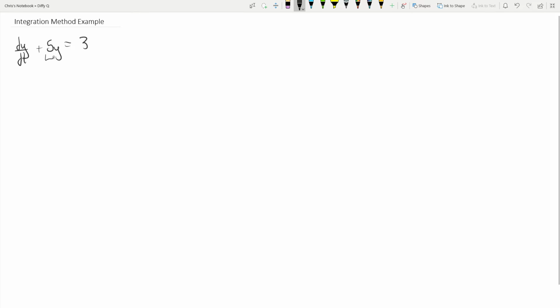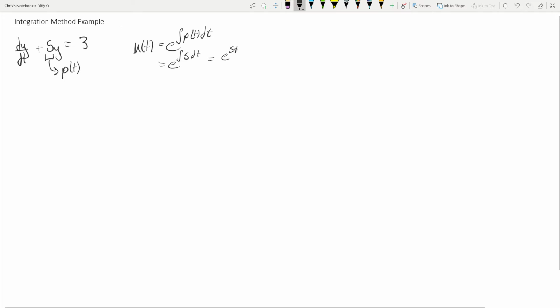From what we know before, this 5 is our p(t). So mu(t) is equal to e to the integral of p(t) dt. So that is going to be equal to the integral of 5 dt, which is going to be equal to e to the 5t. Now we're going to multiply mu(t) to everything in this equation. So we're going to get e to the 5t dy/dt plus e to the 5t times 5y is equal to 3e to the 5t.